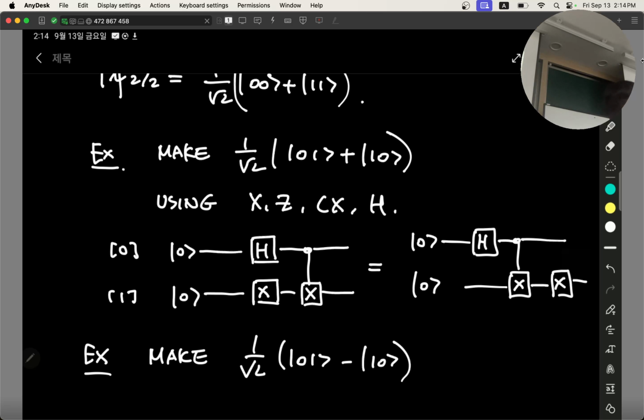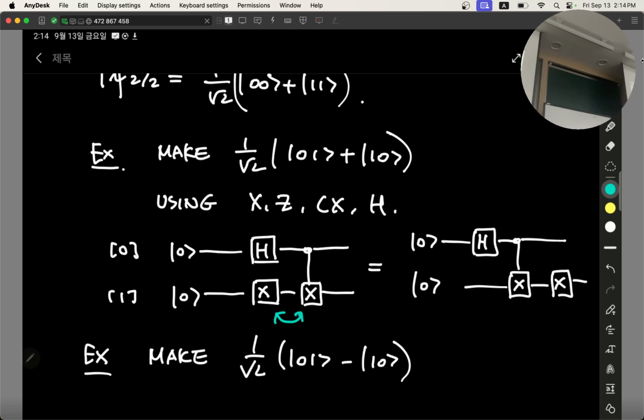You can change the gates here. You can change the order of your gates. Do you see why it makes sense? Does it make sense to you? Why it's okay to change the order of the gates in this case?